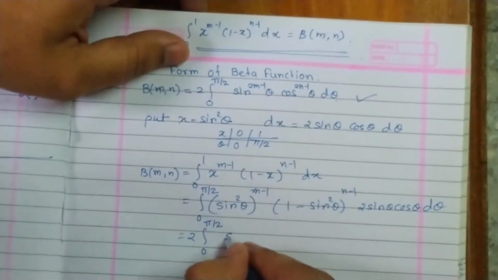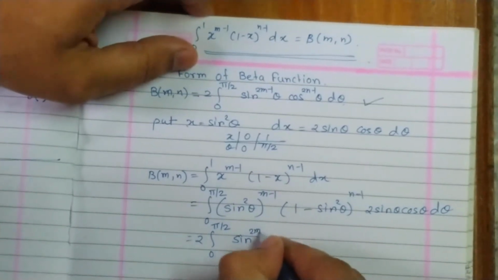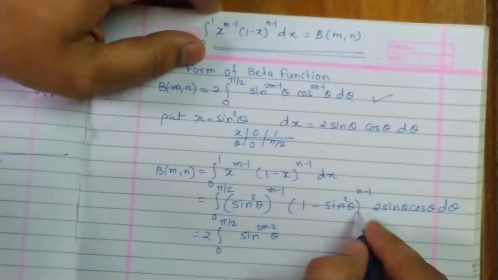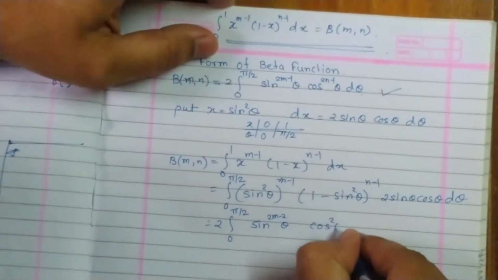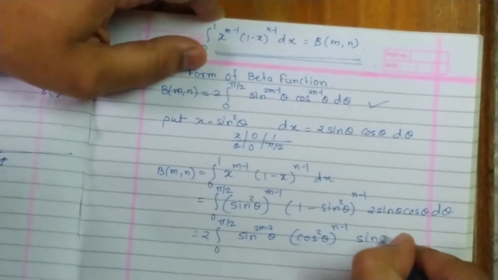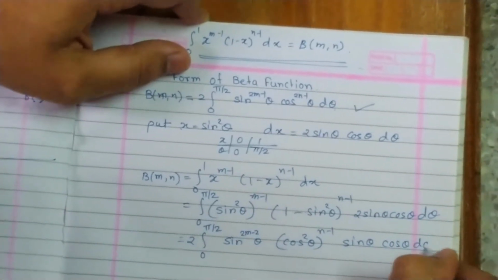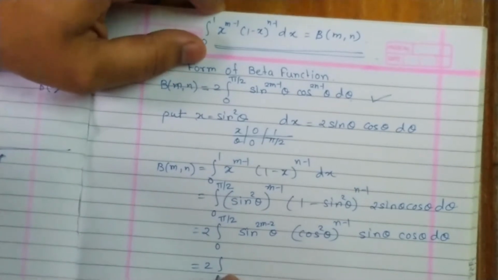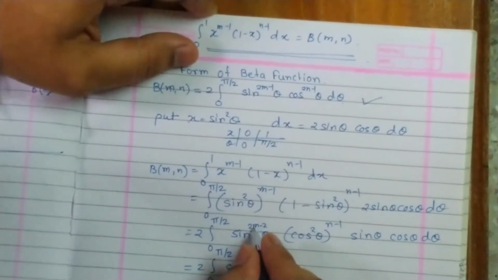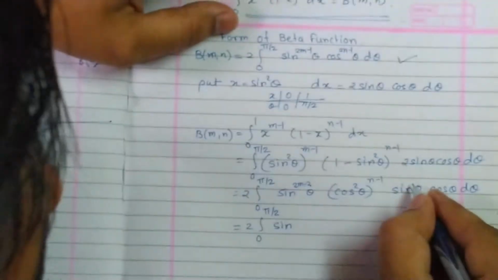It's very simple. This is sine raised to 2m minus 2 theta. Now by trigonometric identities, 1 minus sine square theta is cos square theta, bracket raised to n minus 1, into sine theta cos theta d theta. So 2 times integration from 0 to pi by 2 sine raised to, now this is 2m minus 2 and this is sine raised to 1.